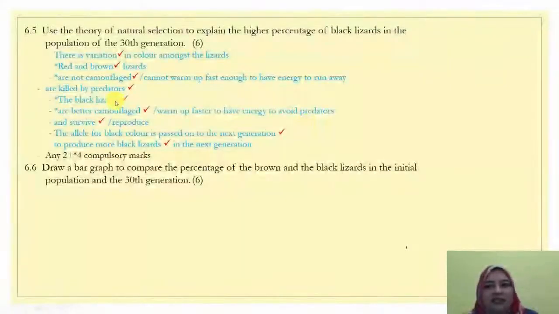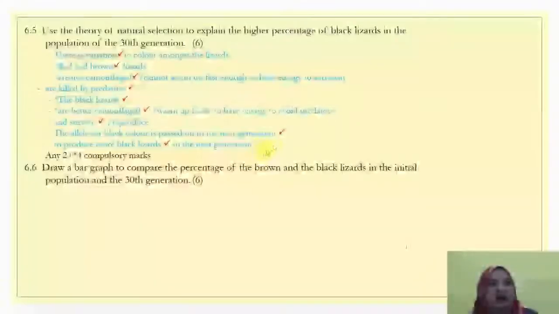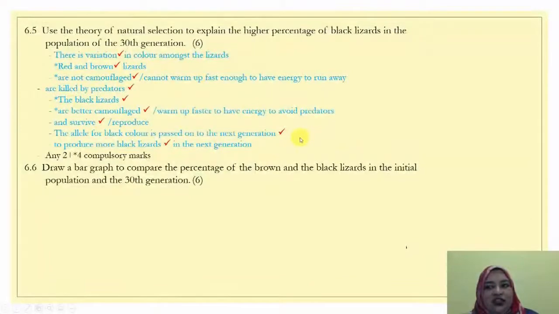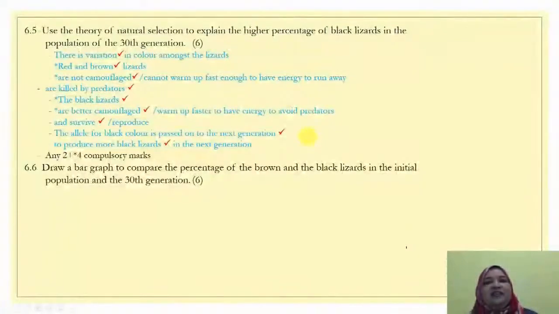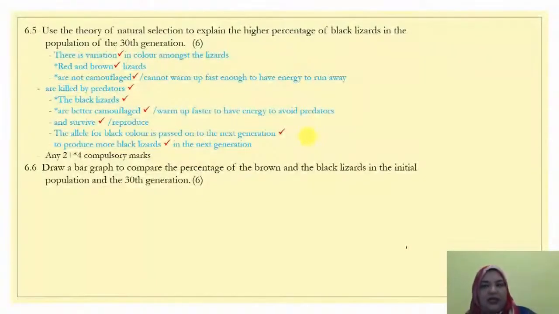So the black lizards are better camouflaged, or they warm up faster to avoid predators, and therefore they survive. So the alleles for black color are passed on to the next generation to produce more black lizards in the next generation. So I have my idea of natural selection, and I am applying what I know.